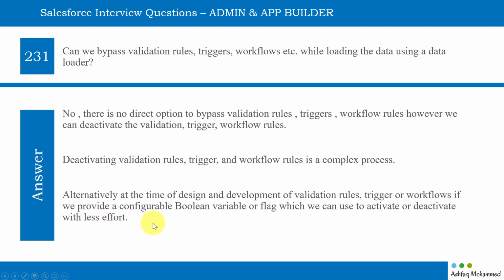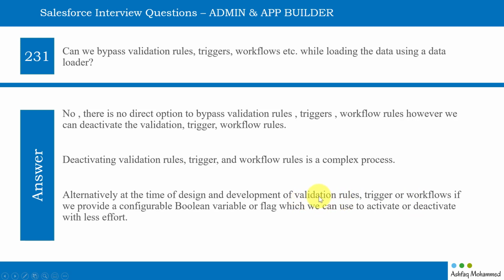So what happens is, if your org or your implementation has been designed by a very good architect, or the person working is a very senior and intelligent developer, whenever he is writing the validation rules, triggers, and flows, he can provide a Boolean value with the first condition.